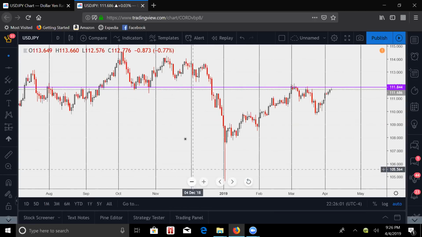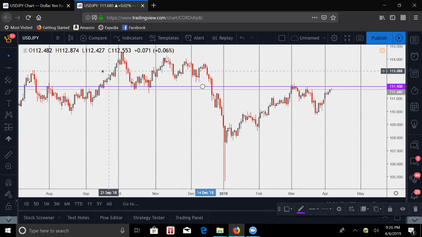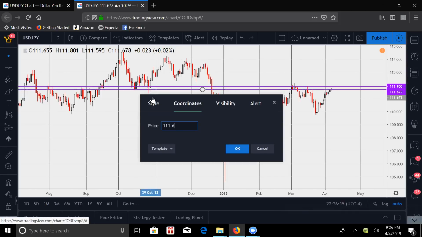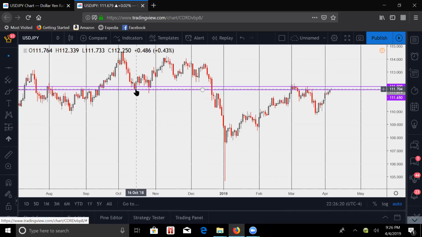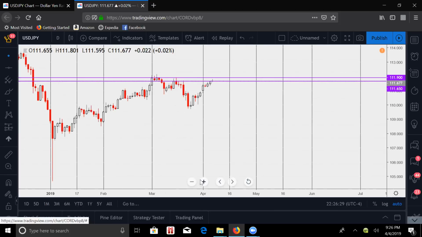And on the daily, as we can see right here, 111.9 would be a good area, a good resistance. And then let's do 116.50, because that's right there. This is a good zone right here. I'll break it down a little bit more on the 4 hour to make it a little more correct.